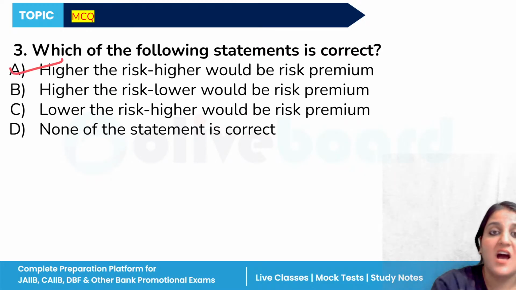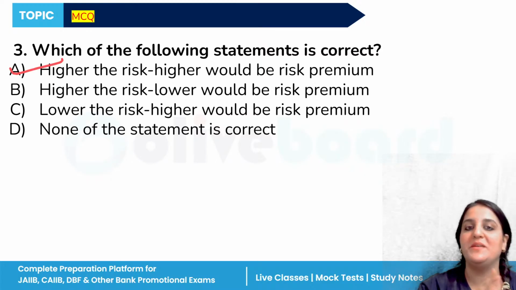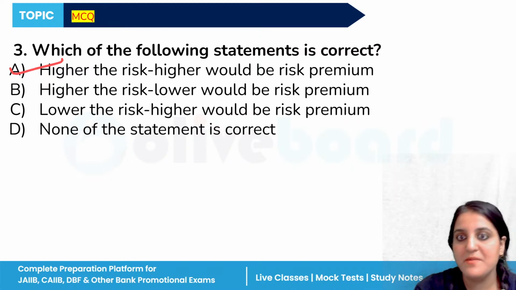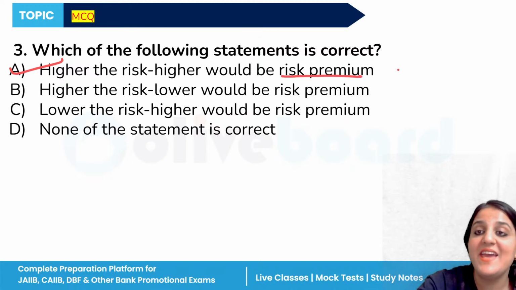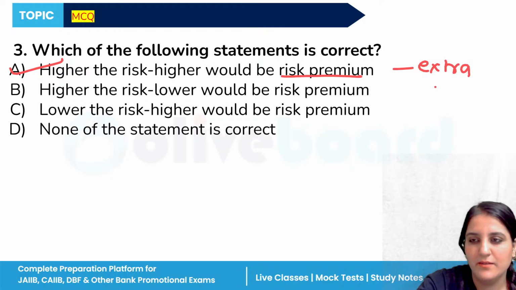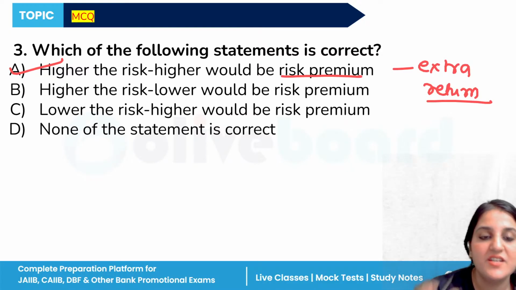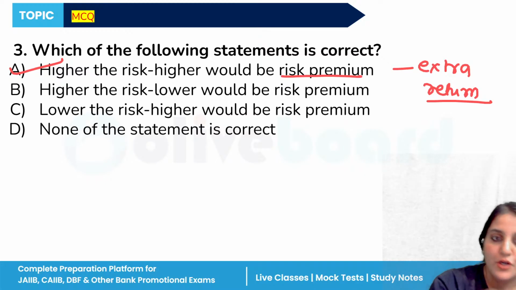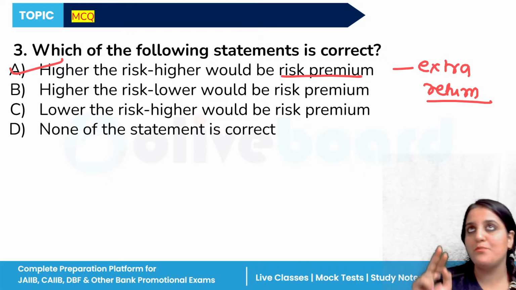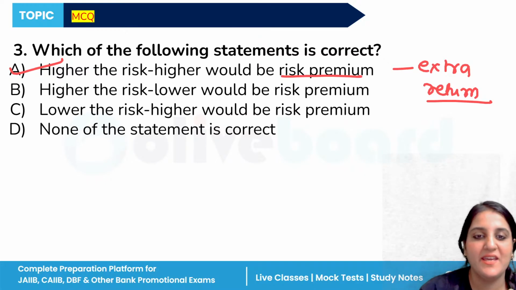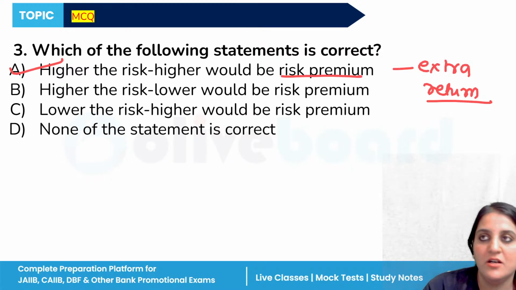The correct answer: higher the risk, higher would be risk premium. Risk premium is basically an extra return. This is considered as an extra return that an investor expects to earn for taking an additional risk.